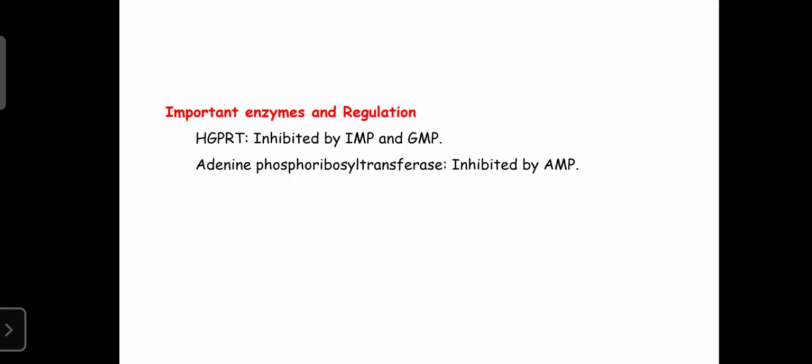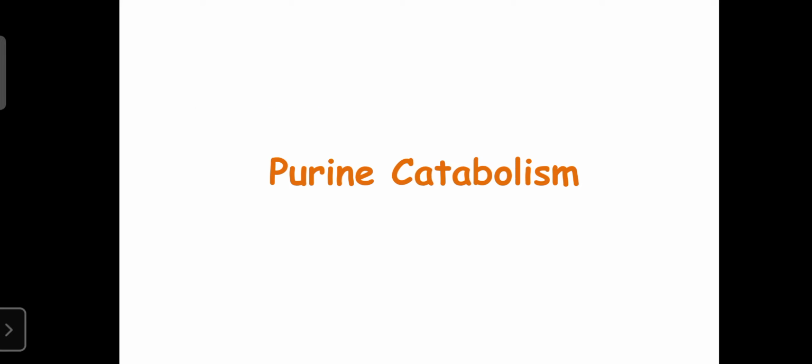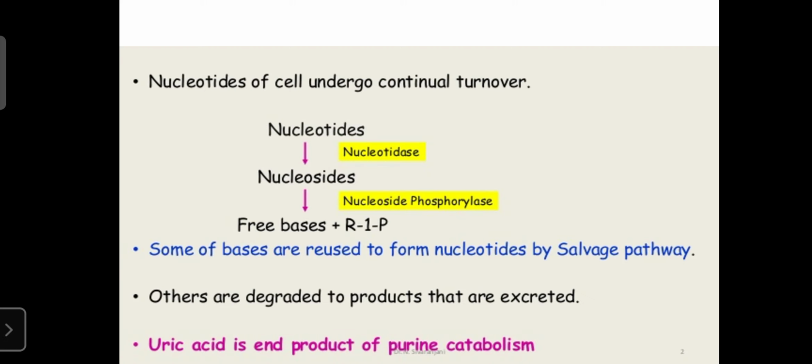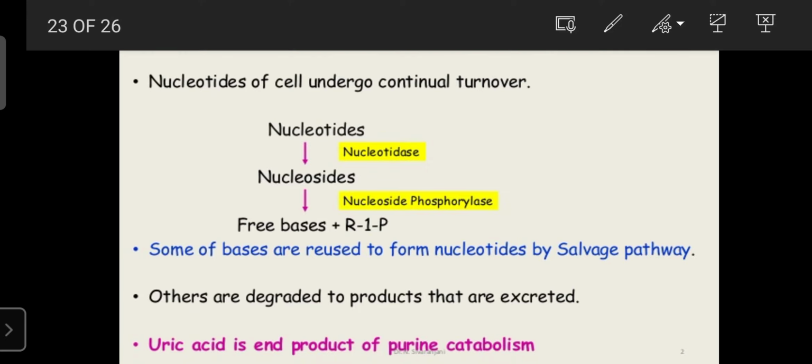Regarding purine catabolism, after their functions, they are catabolized or metabolized. Nucleotides all undergo continual turnover. Nucleotides are converted into nucleosides in the presence of the nucleotidase enzyme. Further, nucleosides are converted into free bases and ribose 1-phosphate (R1P) by a nucleoside phosphorylase enzyme.